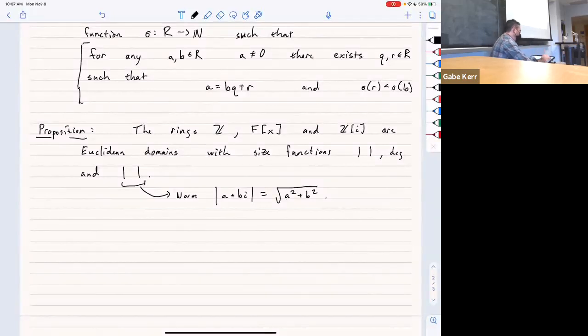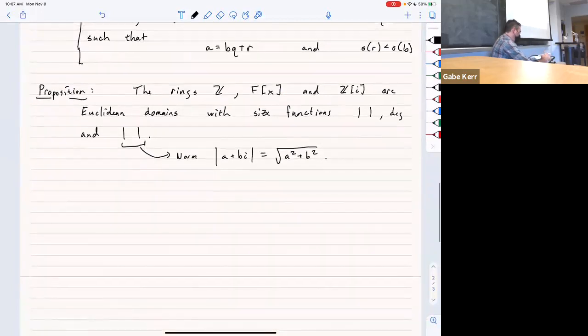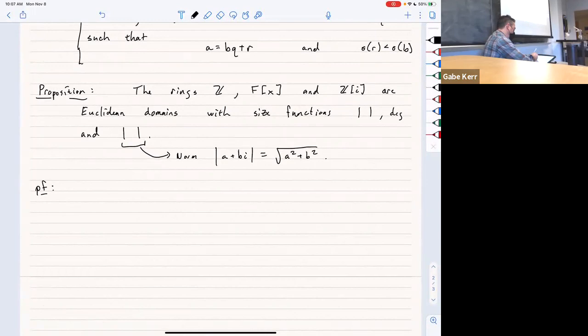So the only thing maybe to prove with this proposition, since the other cases we've done, is to look at this case. Let's do that. It does apply some of the things we've learned. So we have this size function.